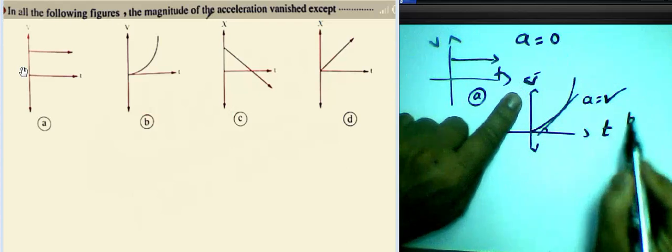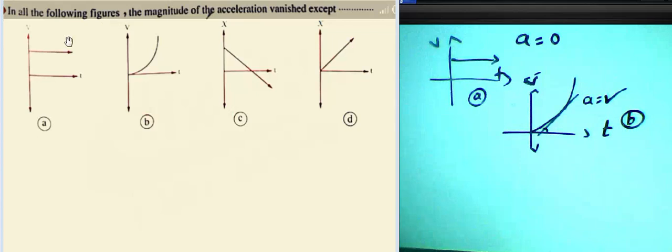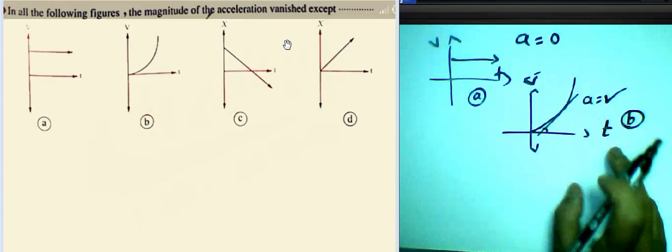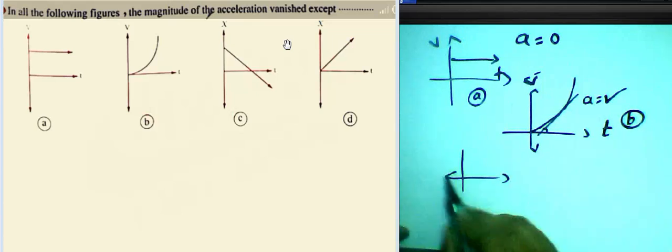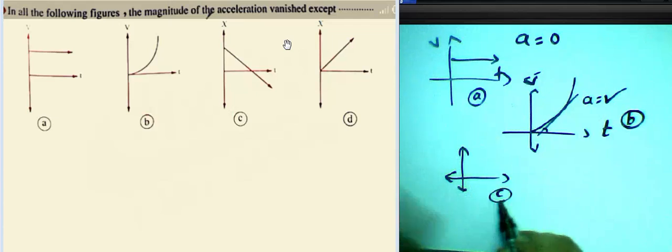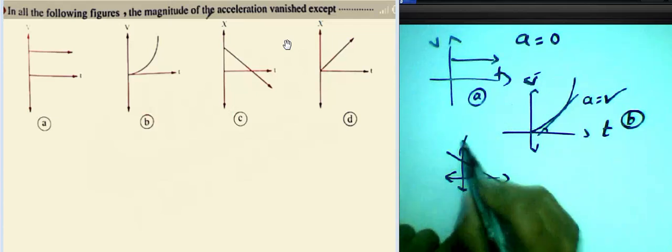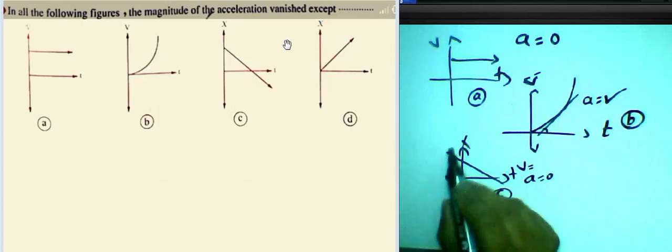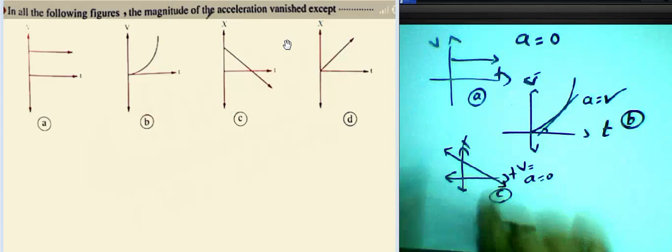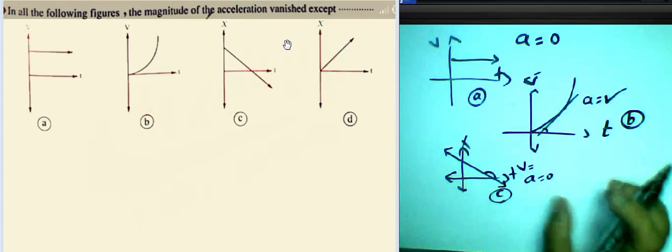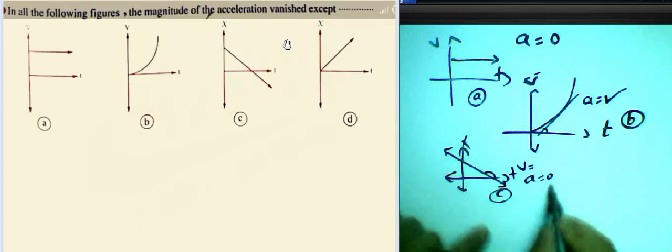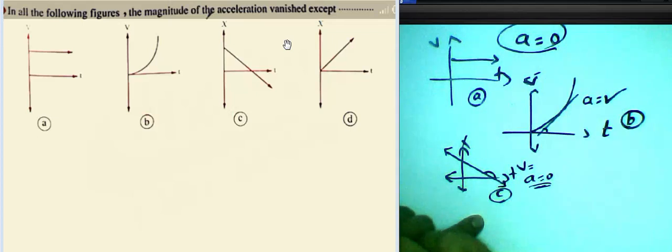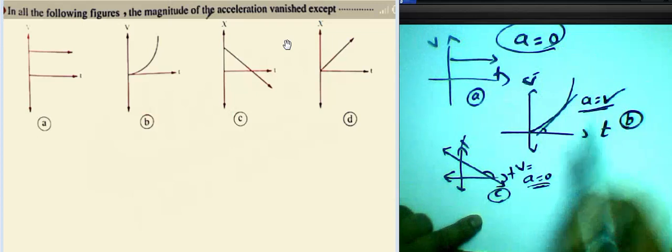So we must choose letter B because he tells us that in this example all the following magnitudes of acceleration vanished except B, because we have a result for B. But letter C, we have a relation between displacement and T. So the velocity here will be a number, and acceleration will equal 0 because it's linear. The derivative of any number equals 0.